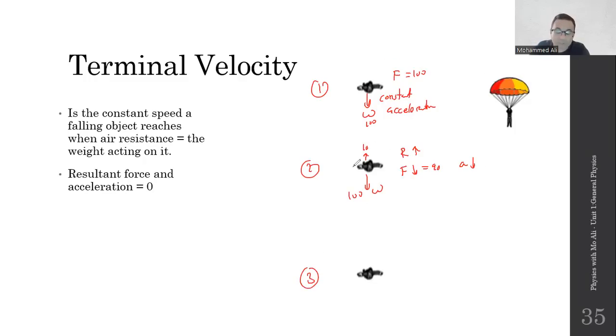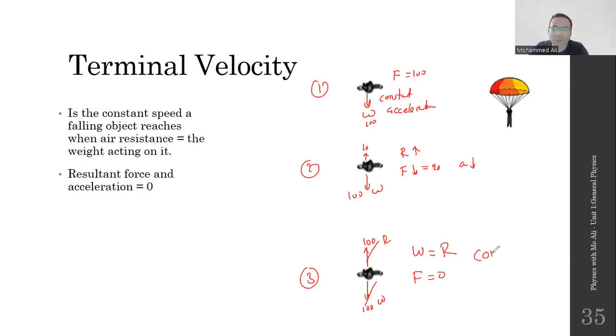Eventually, this continues to happen, by the way, gradually, and eventually the air resistance increases so much that it becomes equal to your weight. So the weight is now equal to air resistance. The resultant force is 0. They cancel each other out.